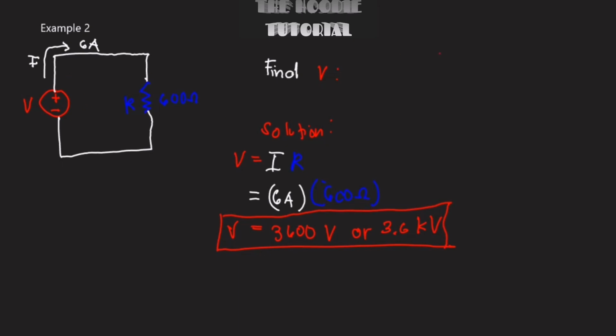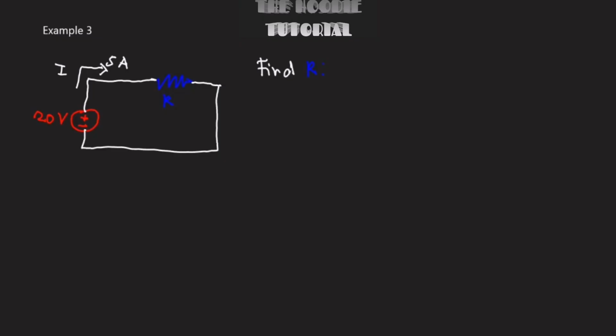Let's proceed to the last example, which is example number 3. Right here we have a voltage, this is a DC source, which is 20, and then we have a current which is 5 amps. All we need to find is the resistance R. Based on our discussion lately, the formula for finding R in Ohm's law is equal to the voltage all over the current.